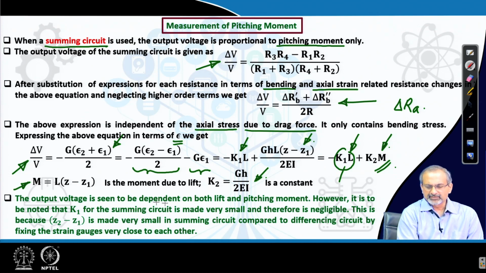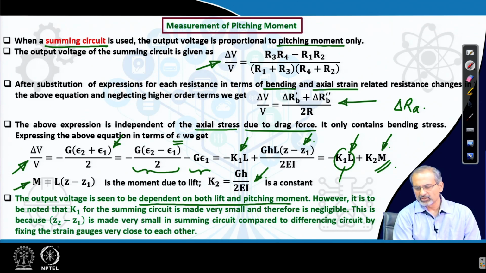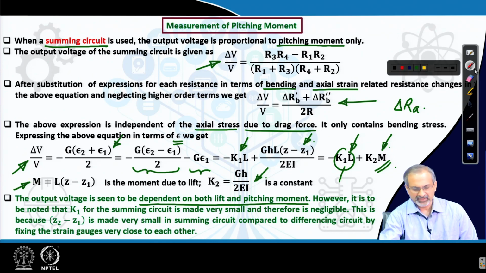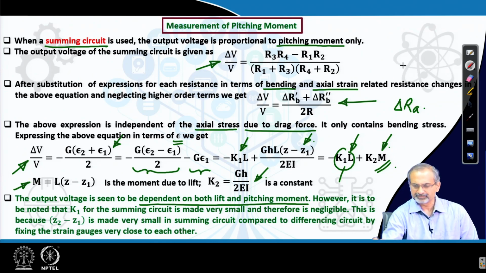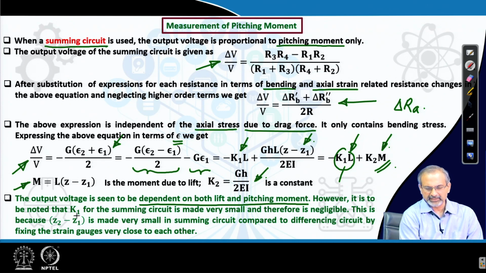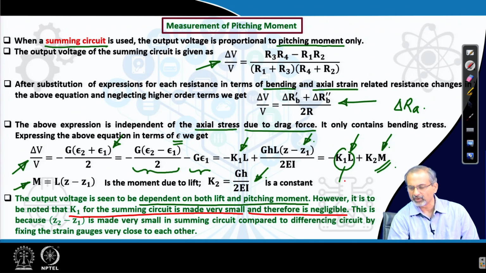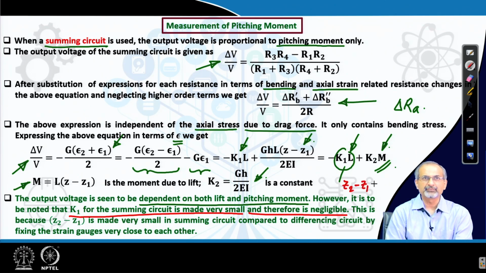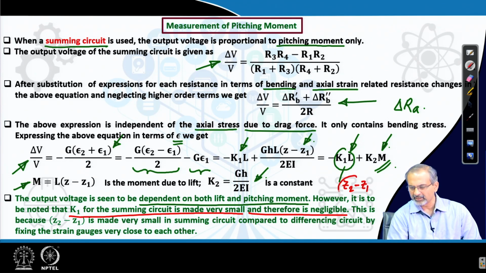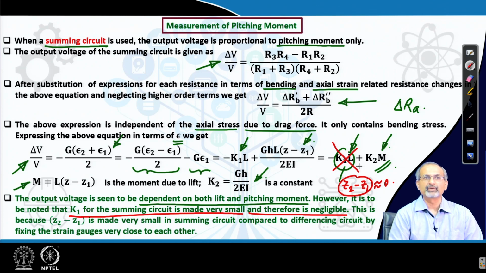The output voltage, as we can see, is dependent on both lift and pitching moment. However, it is to be noted that K 1 for the summing circuit is made very small and therefore is negligible, because K 1 depends on Z 2 minus Z 1, and if we are bringing the strain gauges extremely close to each other, then this becomes a very small value, nearly equal to 0, and therefore, essentially this term will go away from your expression.